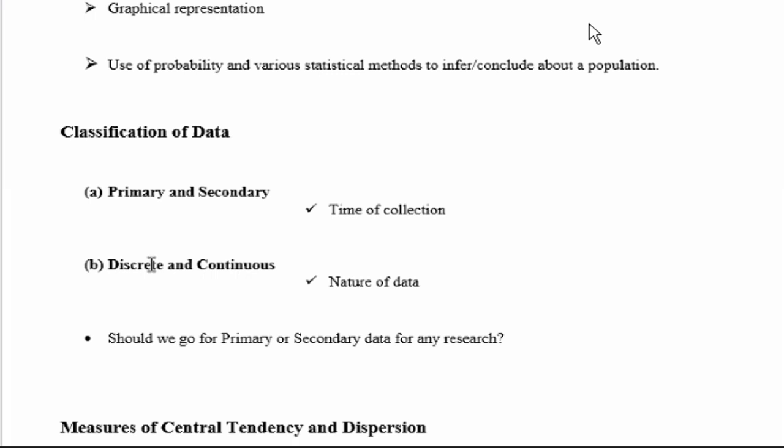But when you collect data which is already available, in magazines, newspapers, journals, annual reports from companies, or any document which is publicly available, and you are not collecting data for the first time for your own study, that is secondary data.